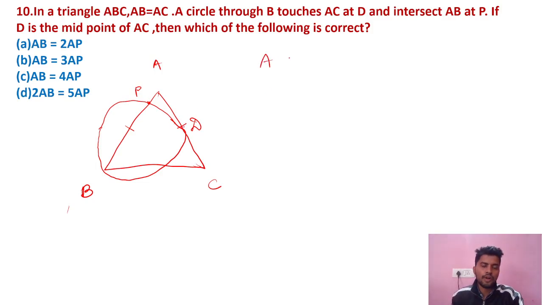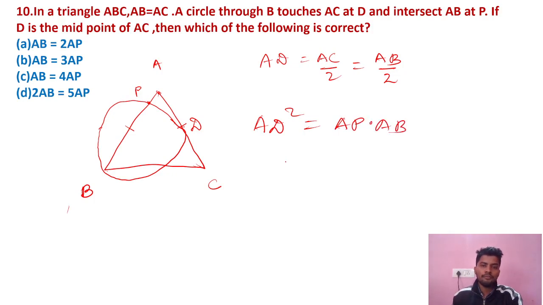Okay, now as we know, D is also the midpoint. So AD is equal to AC upon 2, and you know that AC is equal to AB. So AB upon 2 we can also write it. So AD equals AB upon 2. And according to the secant tangent rule, what is the tangent here? AD, from the same external point A. And what is the secant here? AB is the secant. So AD square is equal to AP into AB.